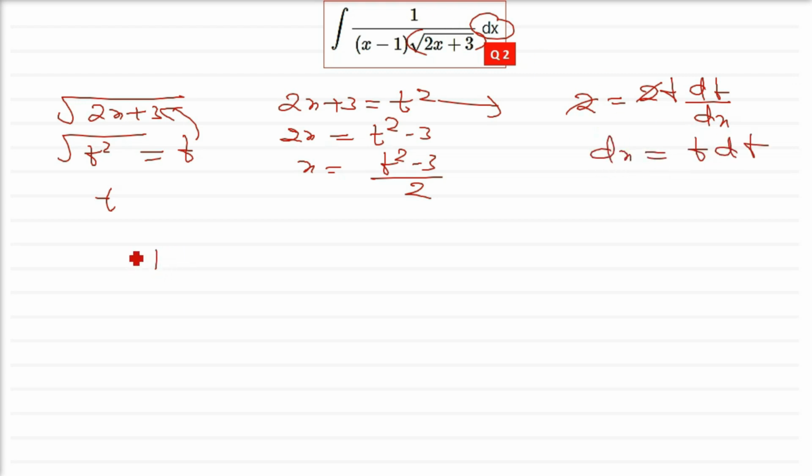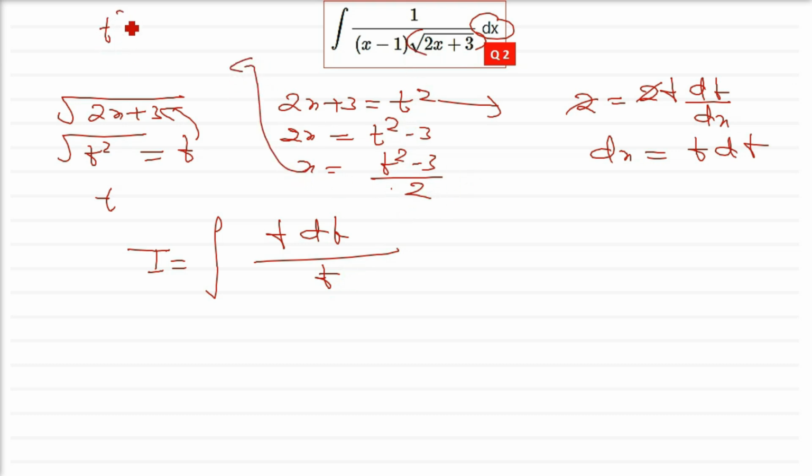Now whatever we have done, these three different things, we will combine them and put it here. dx will be t dt, under root 2x plus 3 will be t only, and for x minus 1, we need to subtract a 1 from here. So t square minus 3 divided by 2 minus 1. So this will be t square minus 3 minus 2 divided by 2. This becomes t square minus 5 divided by 2. So t square minus 5 remains in the denominator.